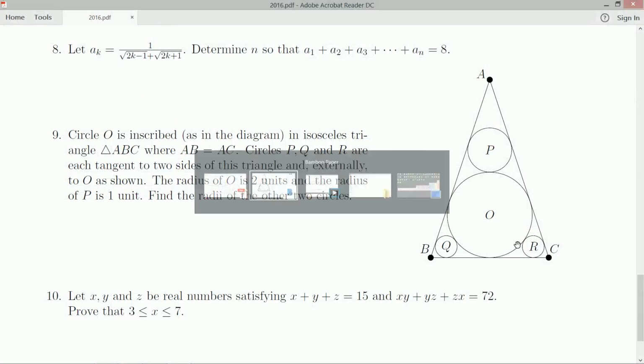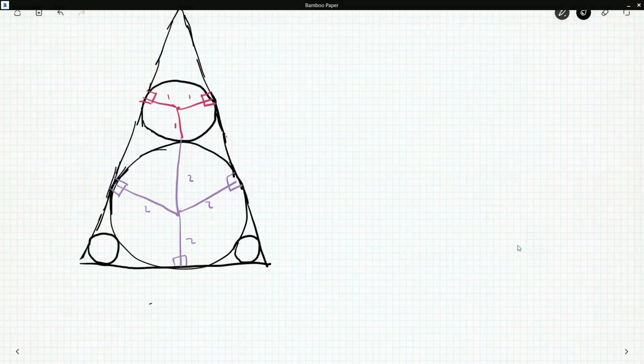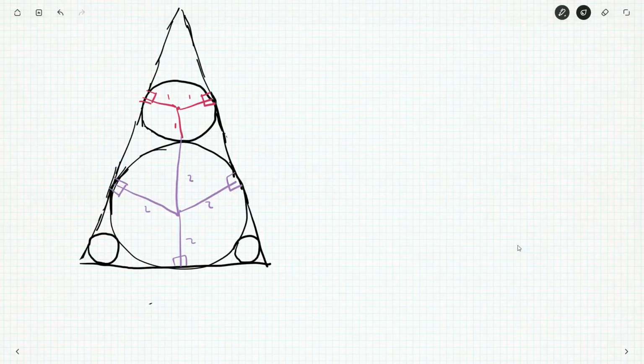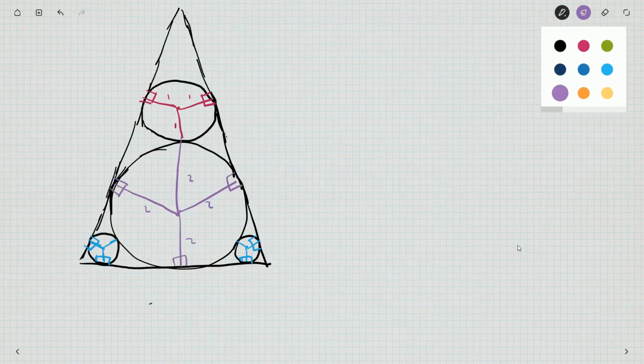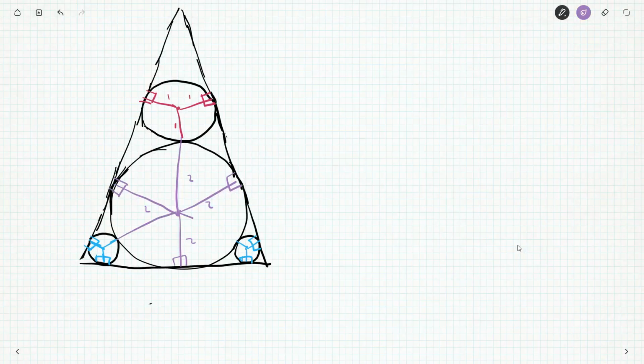Find the radii of circles Q and R. All right. So, it's going to be the same radius, as I say. Put right angles there and there. More 2's here.